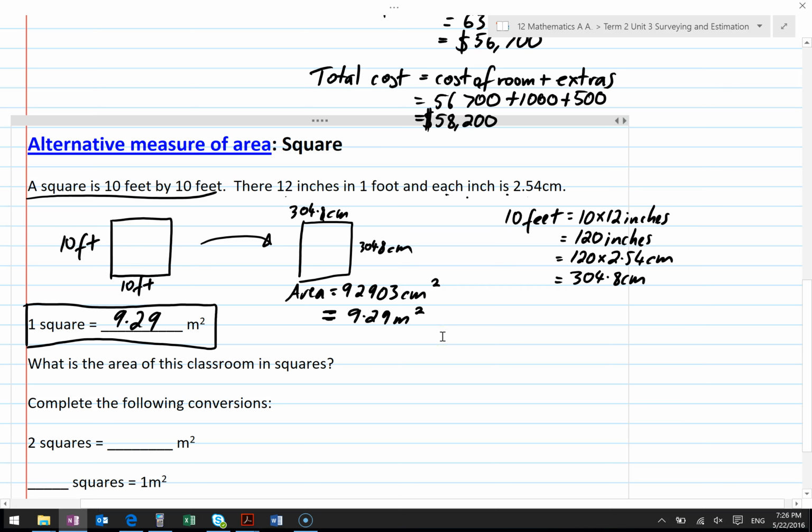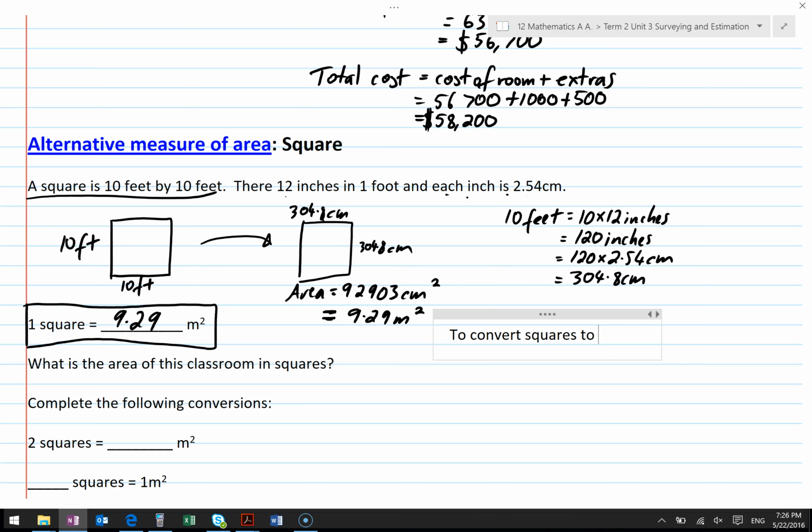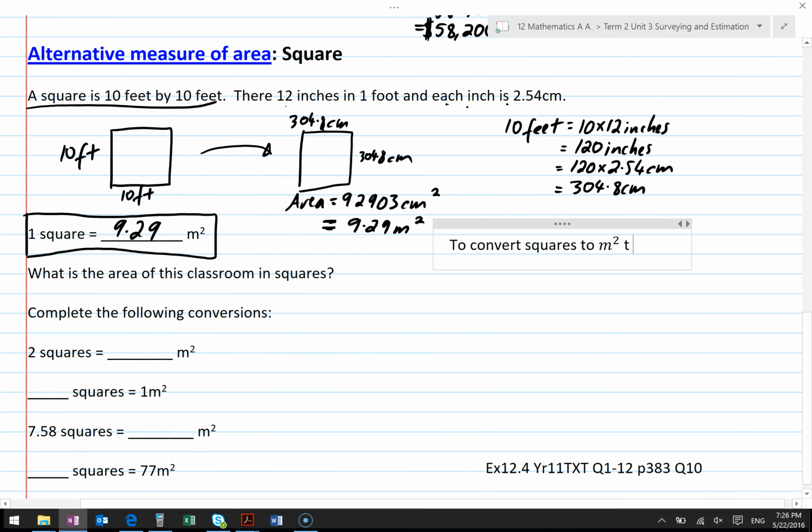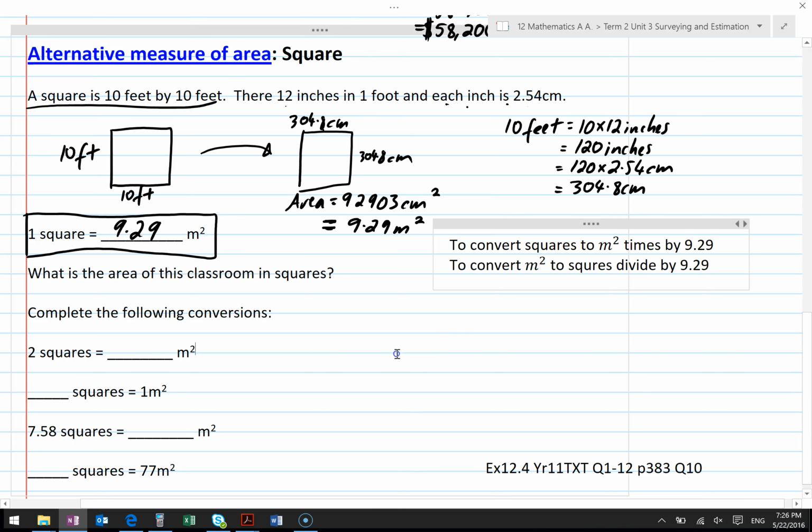To convert squares to meters squared, we'll times by 9.29, and to convert the other way, we'll divide by 9.29. 9.29 is our conversion factor.